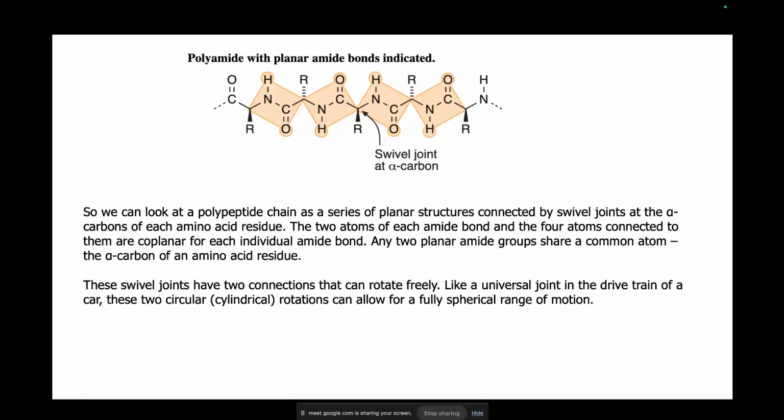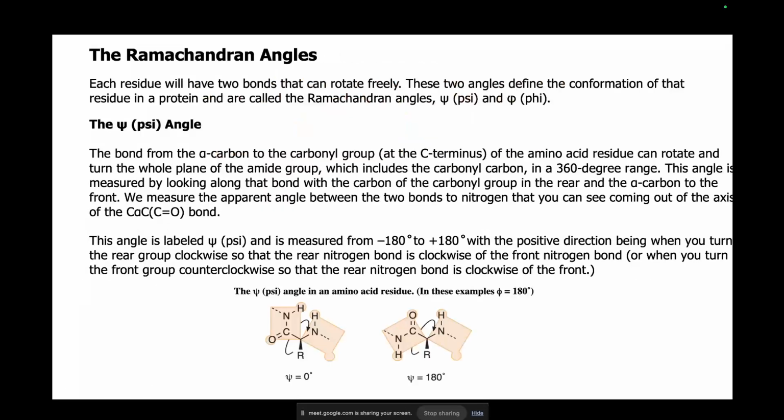The two atoms on each amide bond and the four atoms connected to them are coplanar for each individual amide bond. Any two planar amide groups share a common atom, the alpha carbon of the amino acid residue, which is this one. Now the swivel joints have two connections that can rotate freely, like a universal joint in any machine, right?